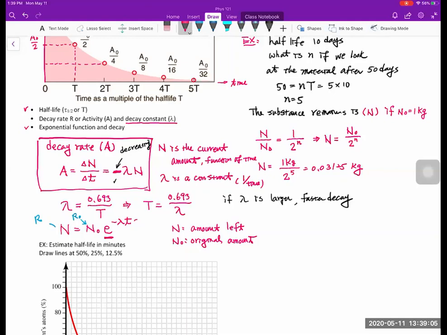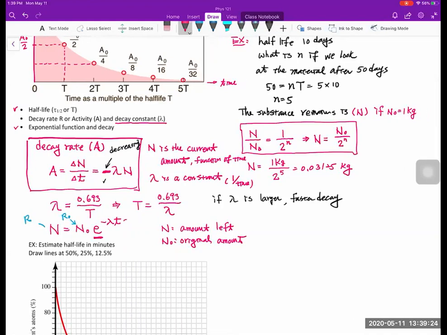All right. Question about these three equations? Okay, I have introduced a bunch of equations. Let me recap some of the things we told you. One equation here: if you are given the amount of time, you can calculate how many periods have passed, and then you can calculate the amount left using this equation.